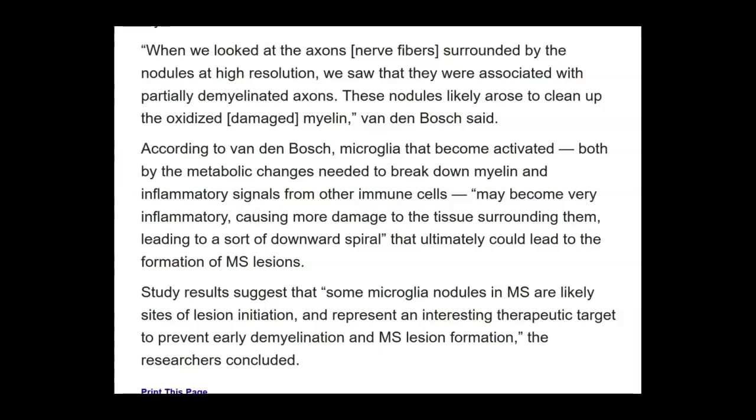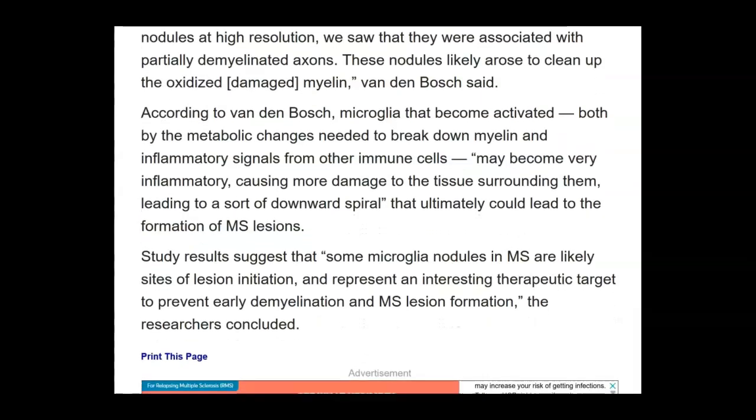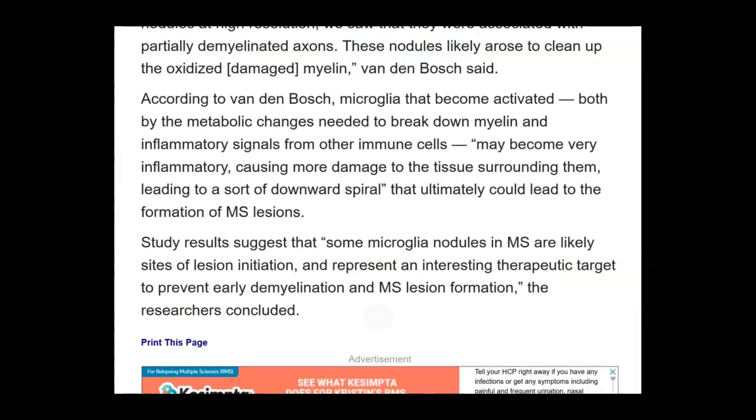Study results suggest that some microglia nodules in MS are likely sites of lesion initiation and represent an interesting therapeutic target to prevent early demyelination and MS lesion formation, the researchers concluded.